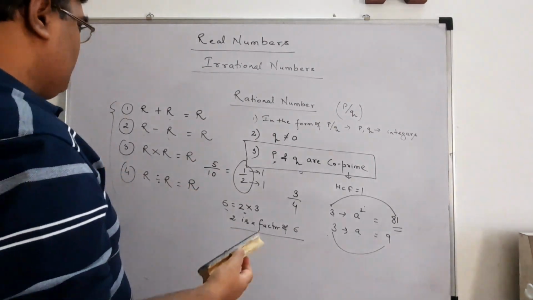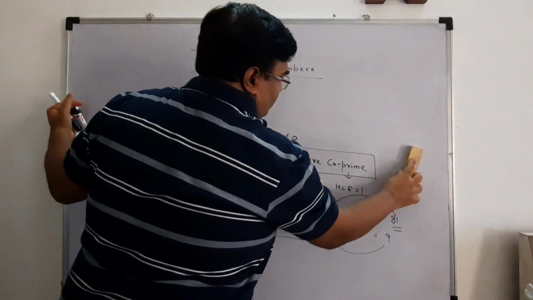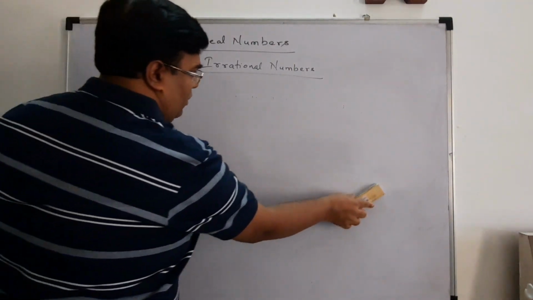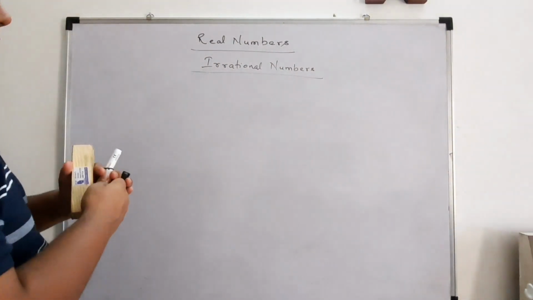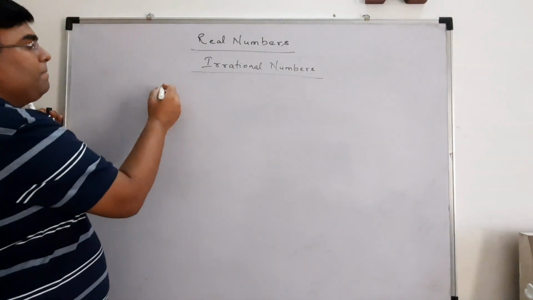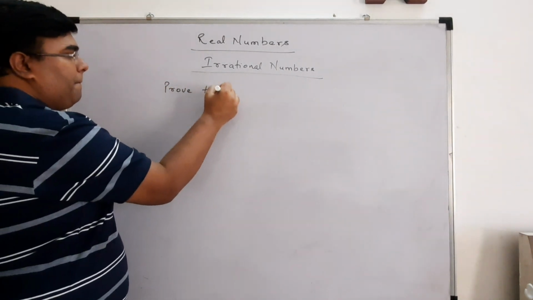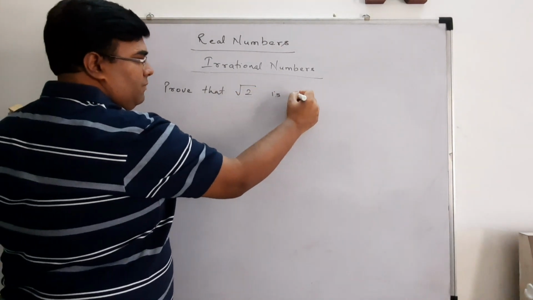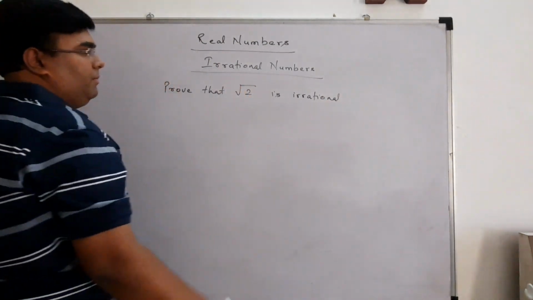Okay, let us take that case. Our question is, first of all, prove that root 2 is irrational.